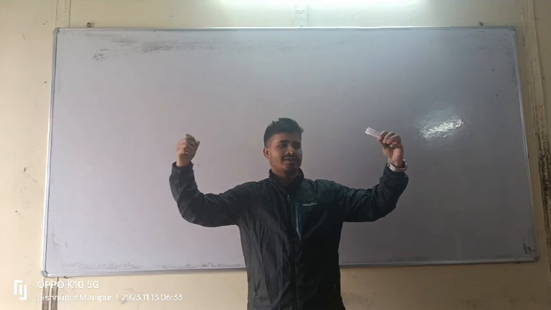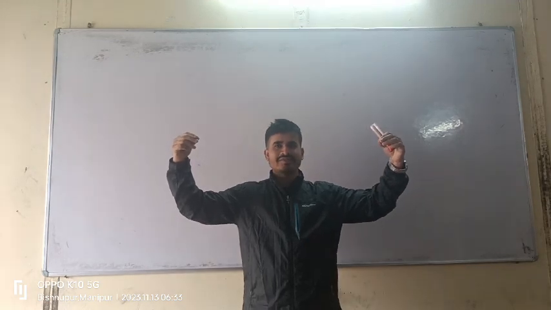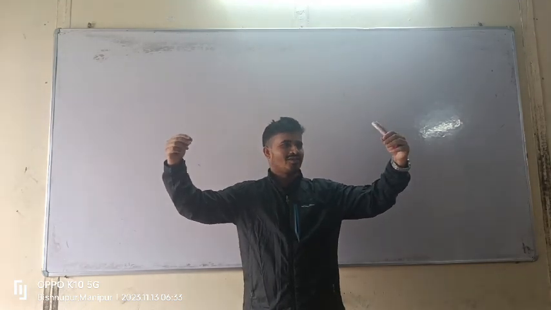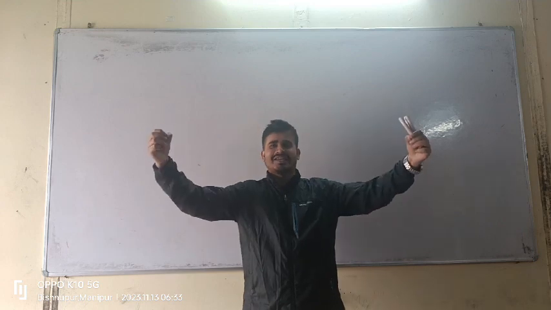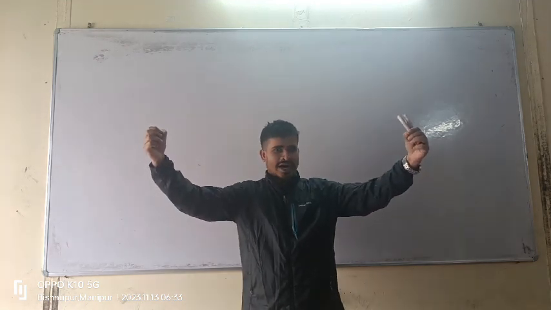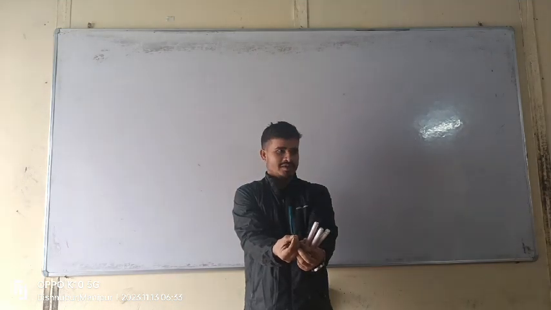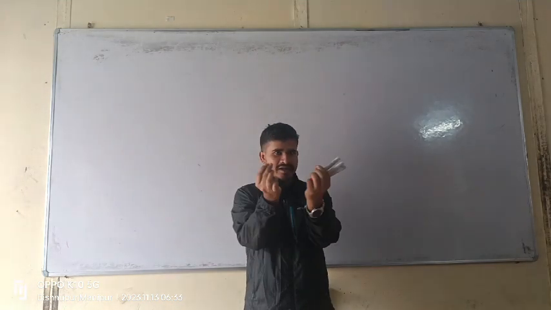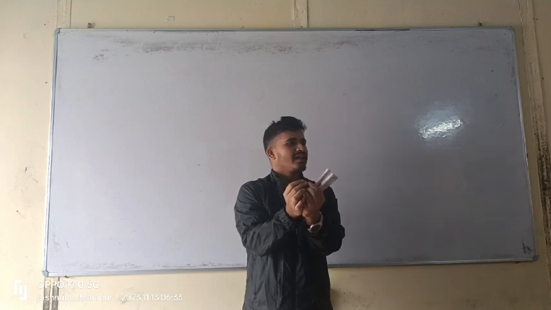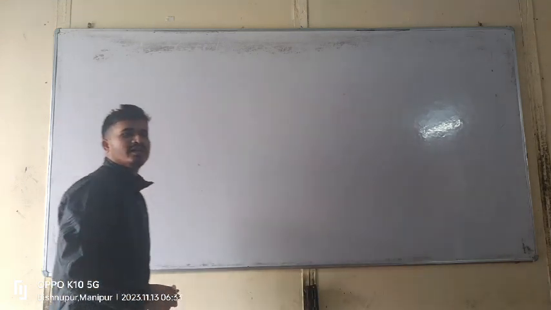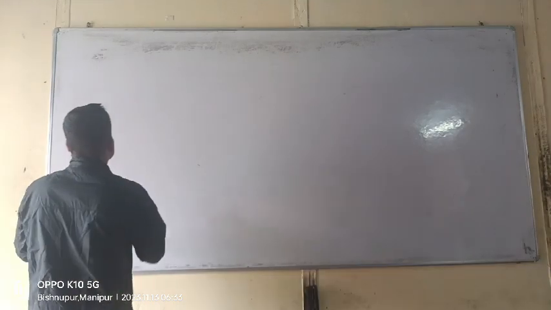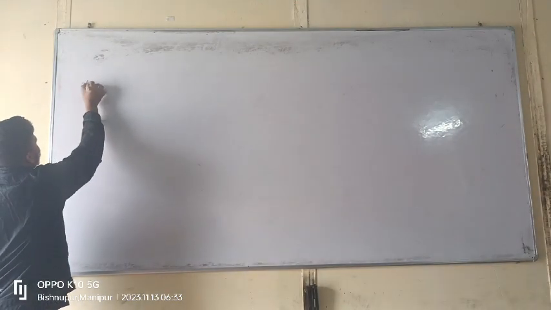Imagine this was a solenoid, a straight solenoid. I made it in circular form. I carved it into a circle. It will become a toroid.